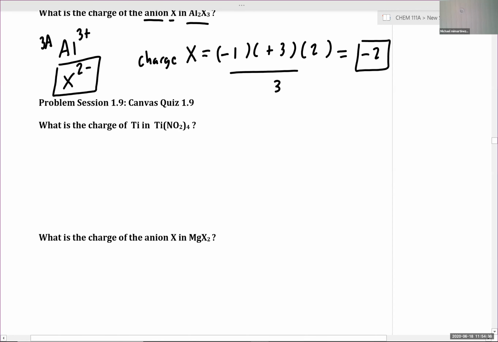Let's spend about another minute and a half. Let's try to get a few more responses in the chat, just so I can get a sense of how everyone's doing so far.